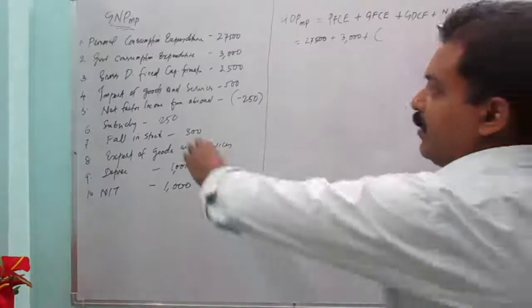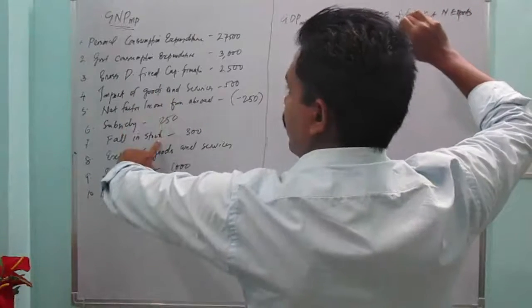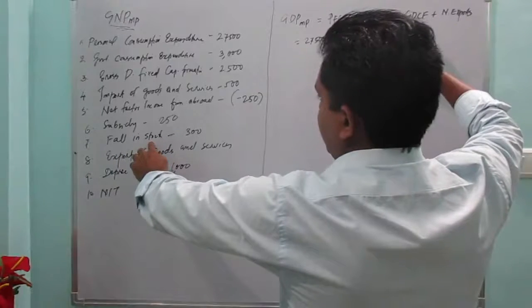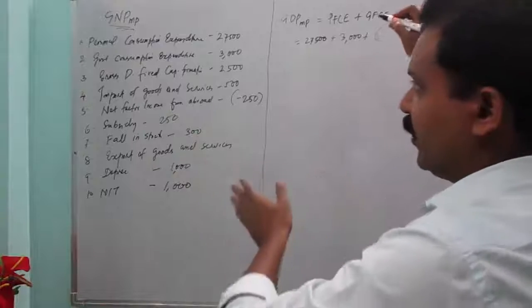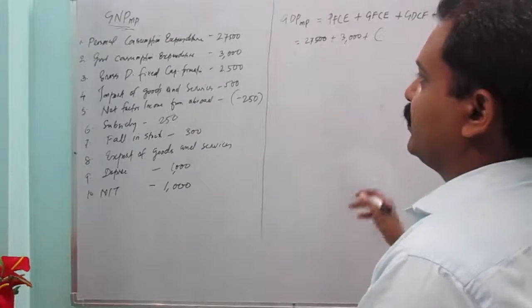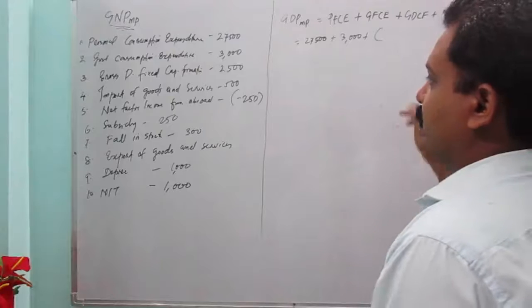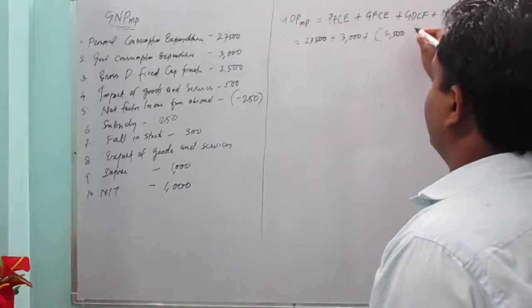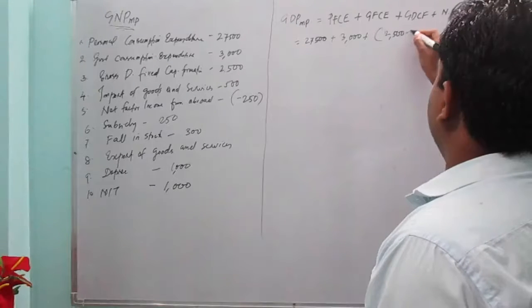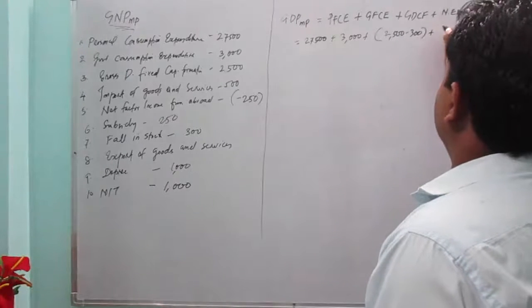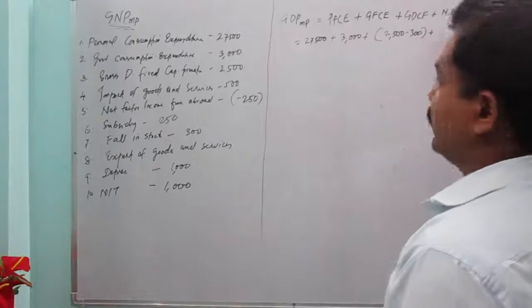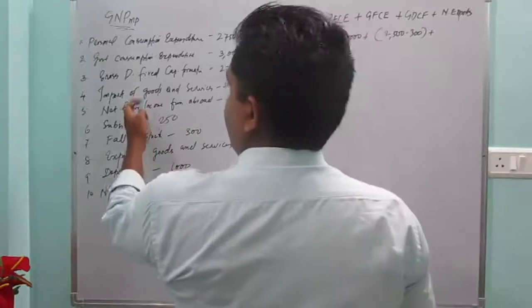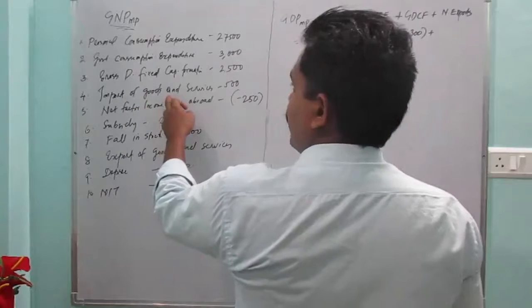There is a reduction in stock given, so we need to reduce: 2,500 minus 300, plus net exports.